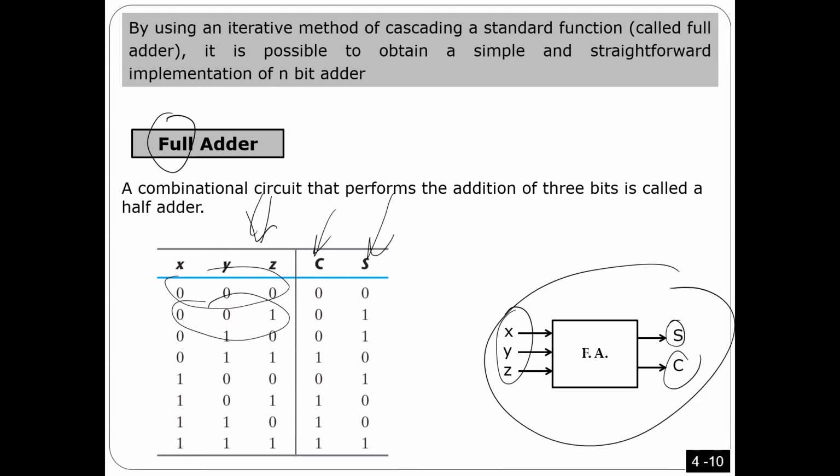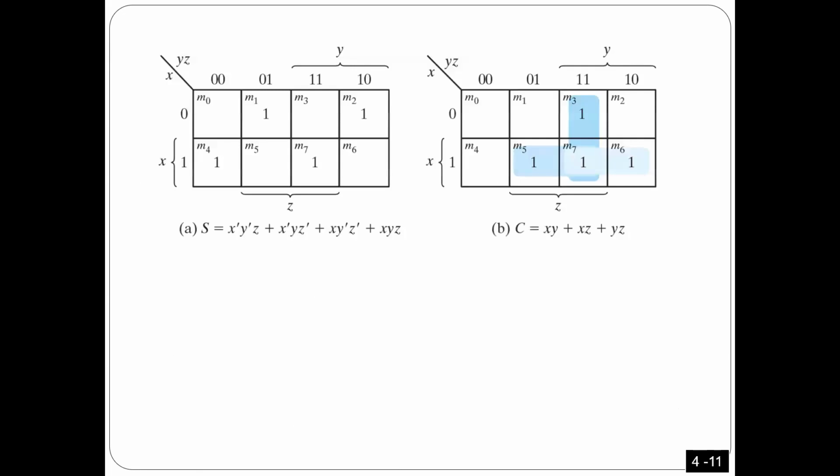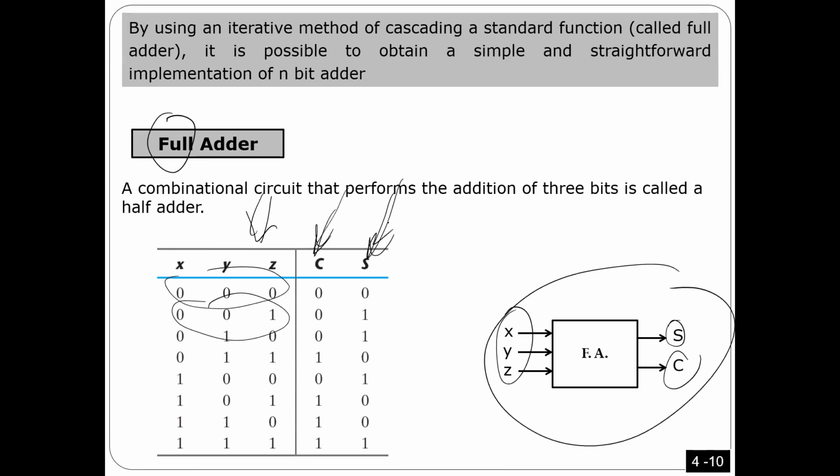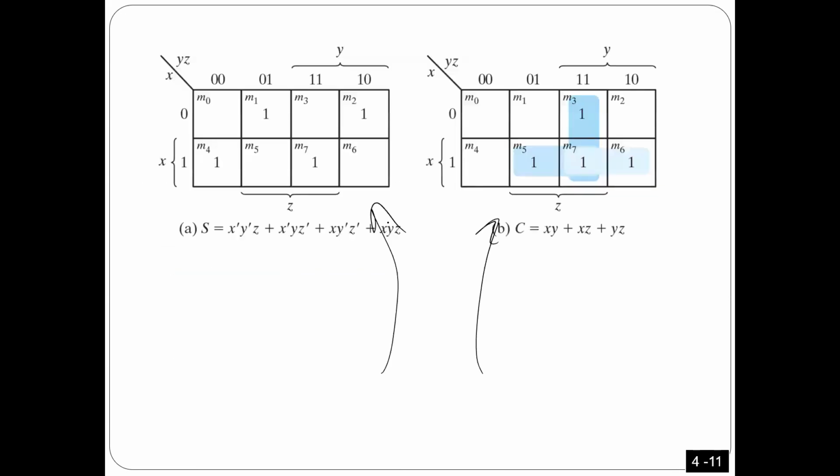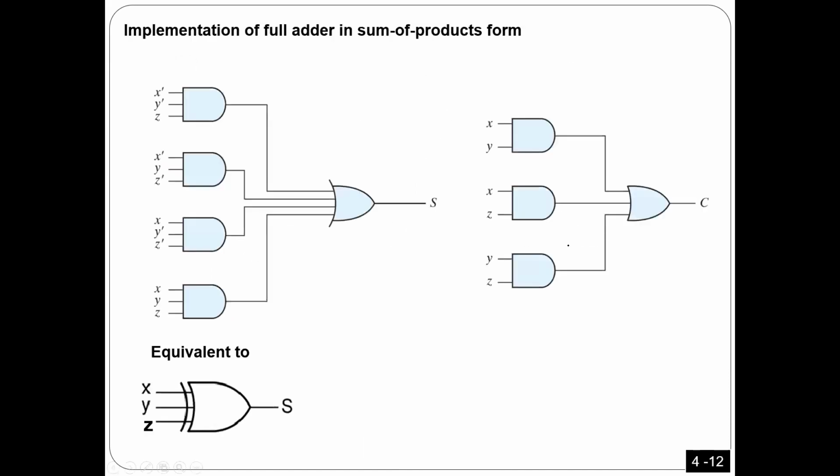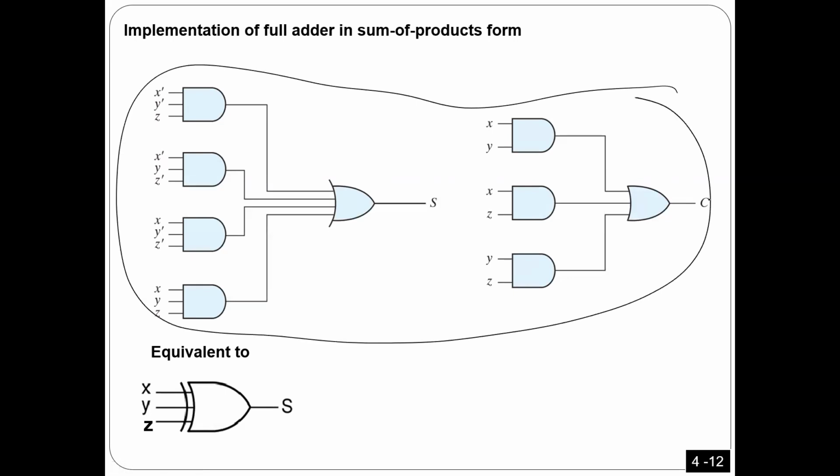Then, similar to what we did before, we do simplification using K-maps for the carry and for the summation. After that, that's what I got here. So that means it can be implemented this way. This is for the carry and this is for the summation.